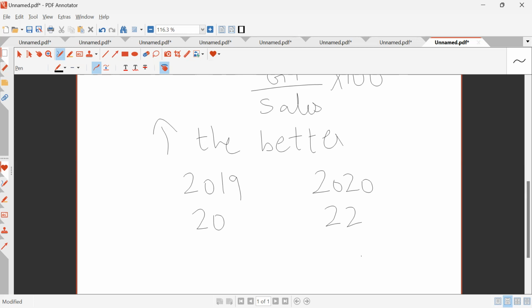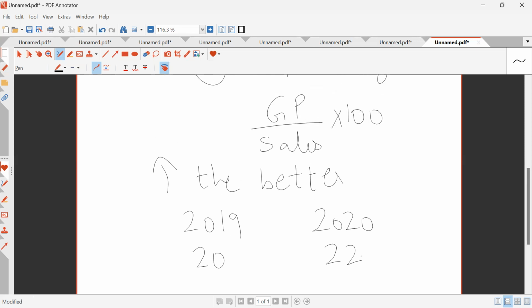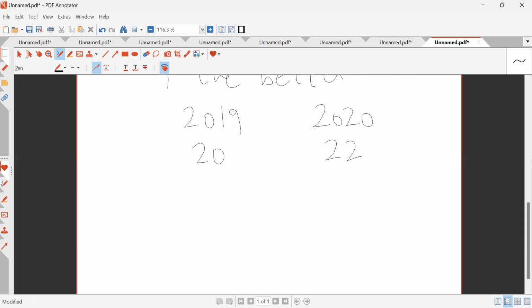So in gross profit margin, if the gross profit margin improves, this means that the business is doing good, the business is progressing. Higher the value, that's good for the business. The formula is gross profit upon sales multiplied by 100.